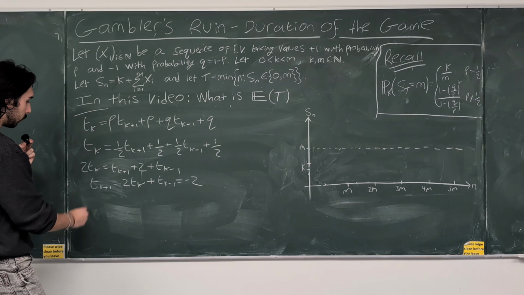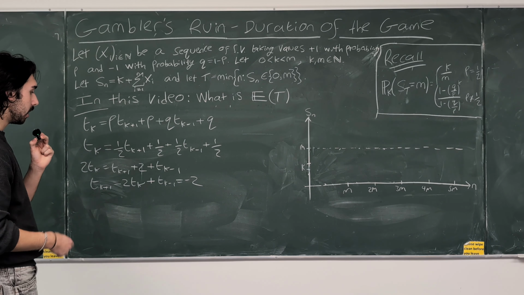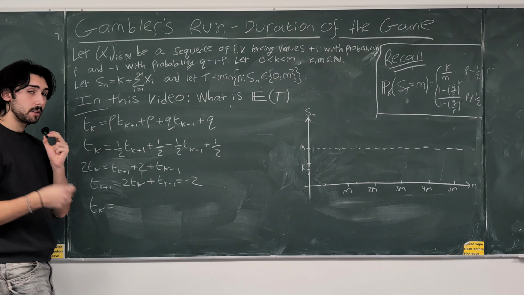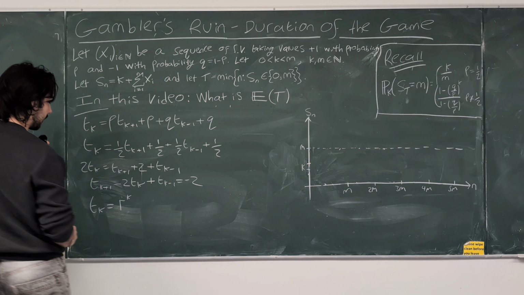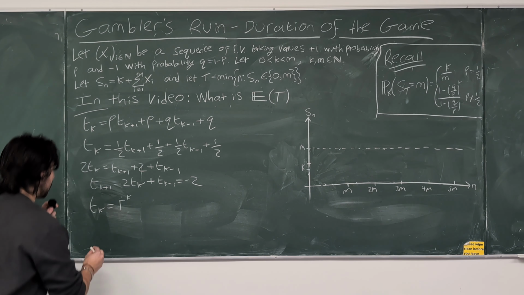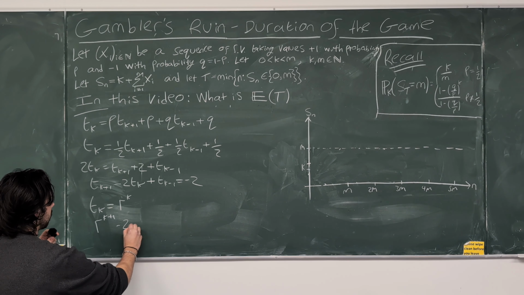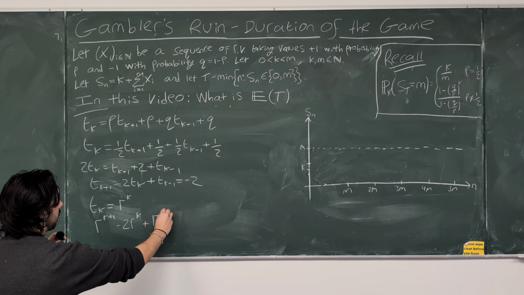So as always, we can guess, we can find the complementary solution, the complementary function here. We can guess tk might be some number to the power of k. Okay, so I'll say r to the power of k. That's a guess. And then we can plug in. So we've got r to the power of k plus 1 minus 2r to the k plus r to the k minus 1.